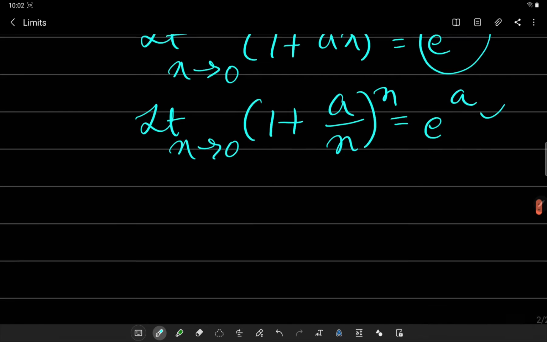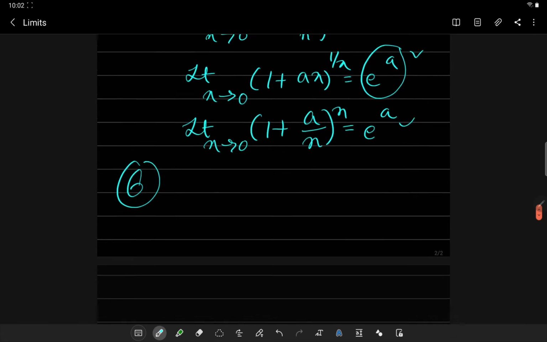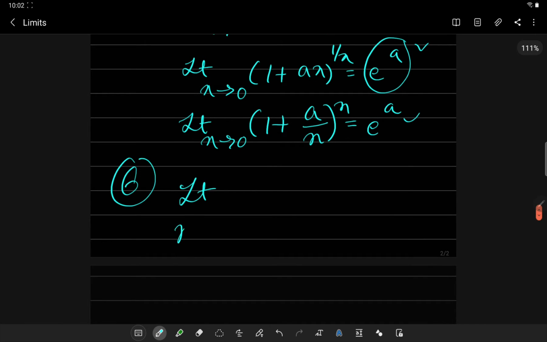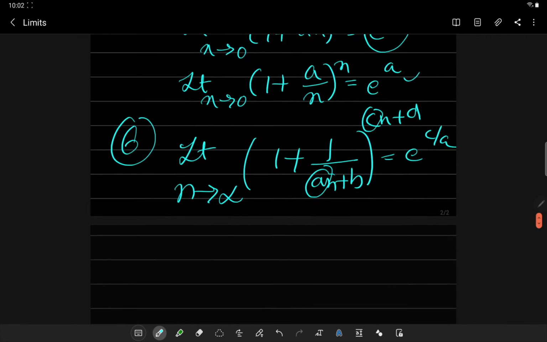Next set of limit formulas: limit as n tends to infinity of (1 plus 1 by (a n plus b)) whole power (c n plus t) will be e power c by a. So this is a and this is c.